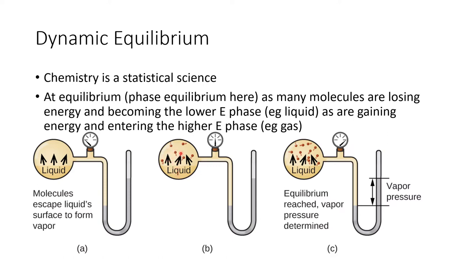Well, what that does is it changes the amount of material that wants to be in the gas phase until a new equilibrium is reached. And so we can determine what's called a vapor pressure, determined based on what proportion of our molecules want to be in the gas phase as opposed to the liquid phase. And that is dependent on temperature.